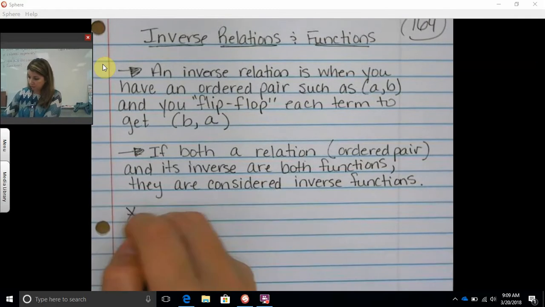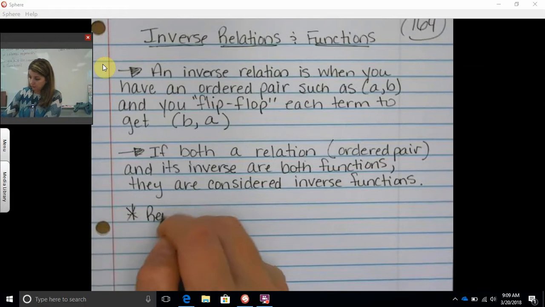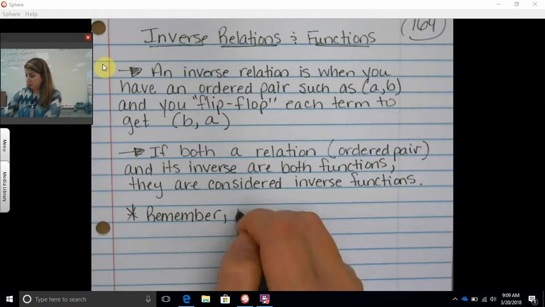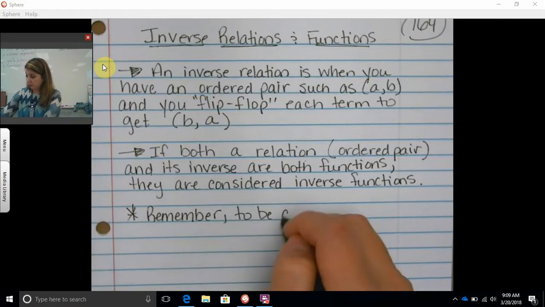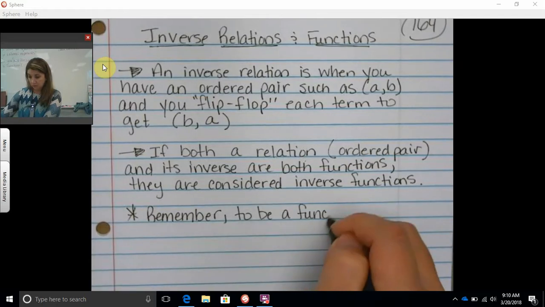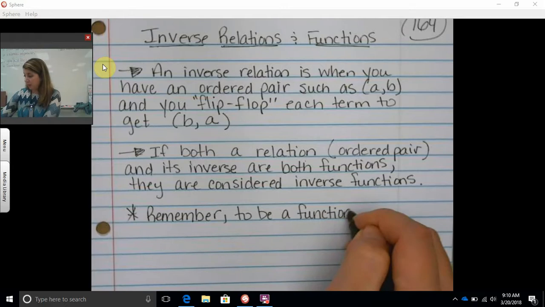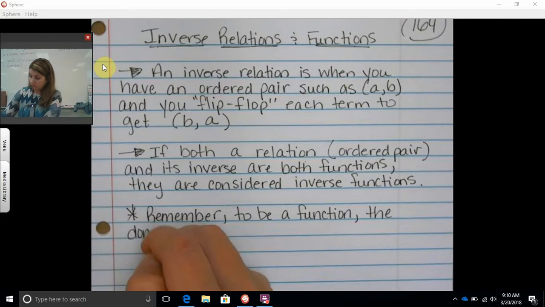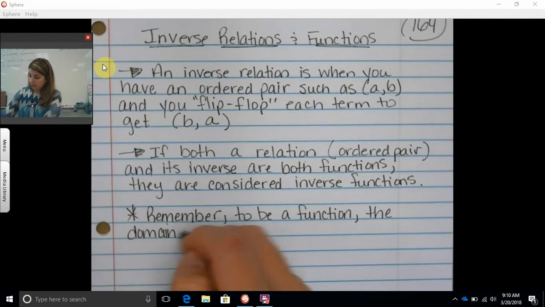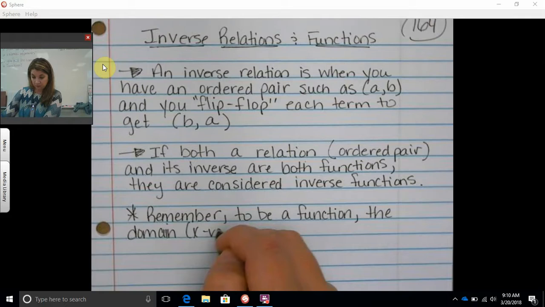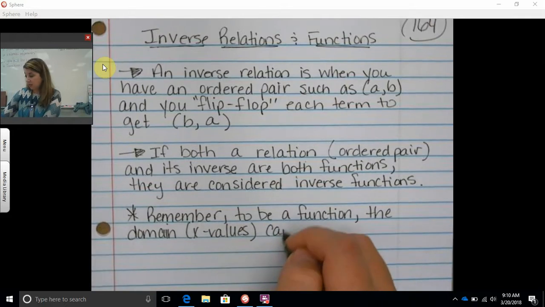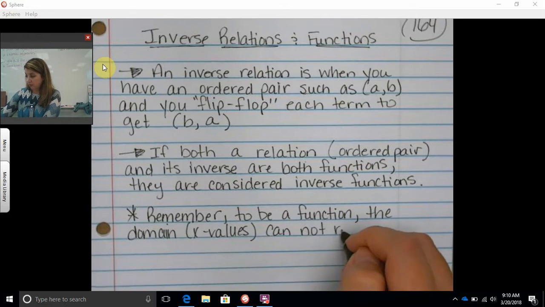Remember, to be a function, the domain, which are your X values, cannot repeat.